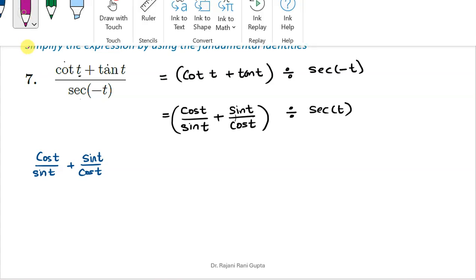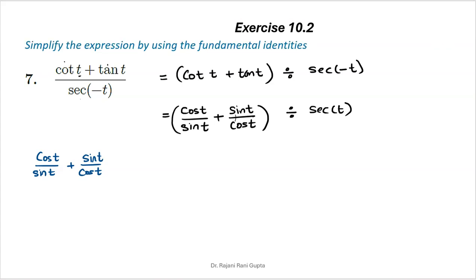So how can you add? You can add only if the denominators are the same. So what will you do to make the denominator the same? This term you multiply by sin of t up and down. And here also you multiply what? Yes, cos of t.